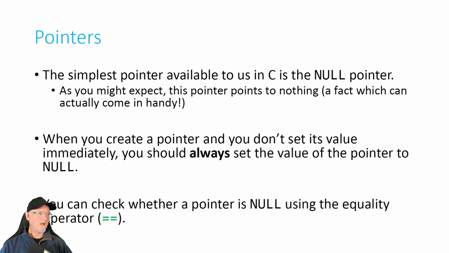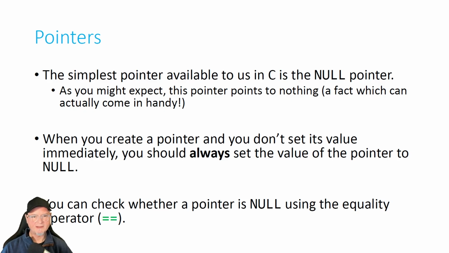All right, a unique aside here about pointers is that the basic kind of pointer that's available for every pointer type is what is known as a null pointer. We might guess that this pointer points to nothing, and this can actually come in handy.